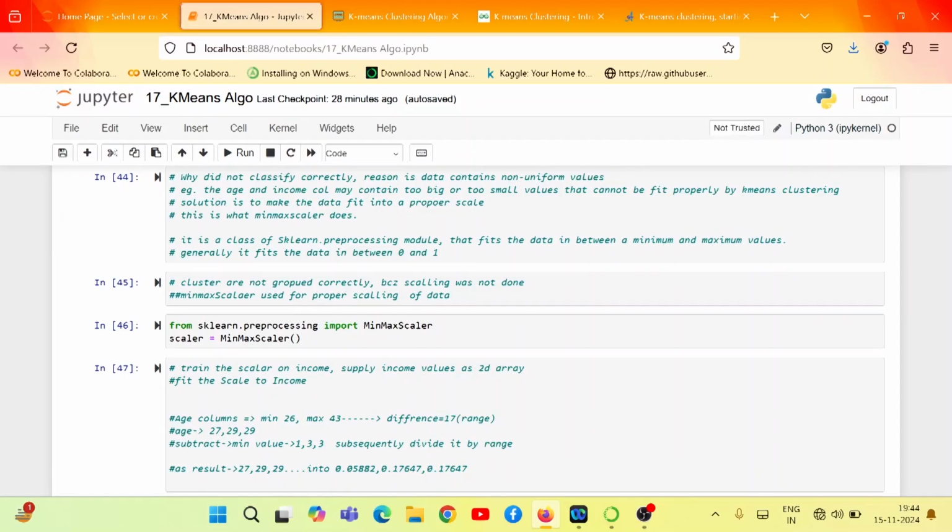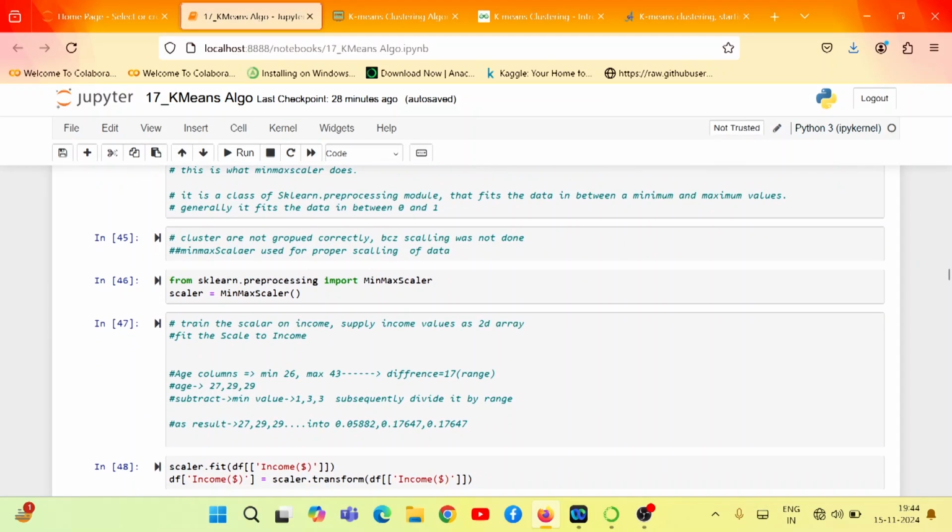So let us understand how MinMaxScaler works. For that, I have taken one example over here. It first takes the original minimum and original maximum value in a column of data, right? In each column, let's say the minimum value is 26 and 43 is the maximum value. After finding the min and max of a column, it finds the difference.